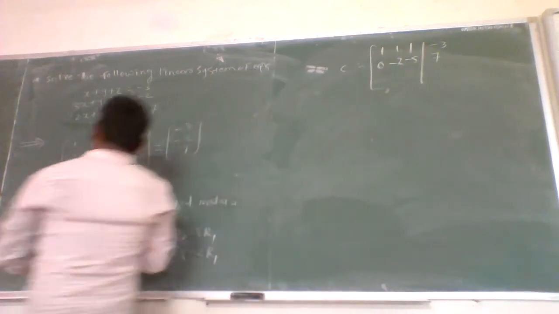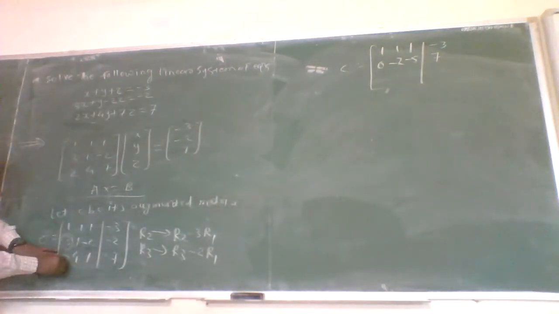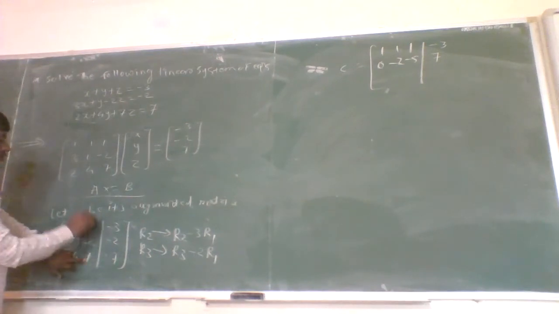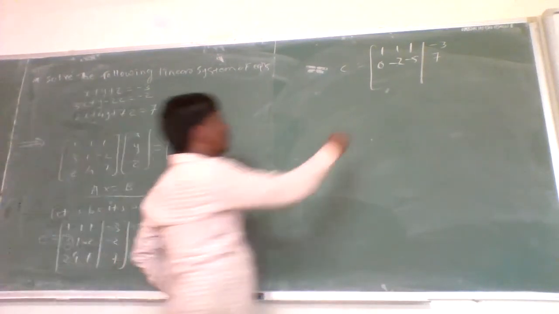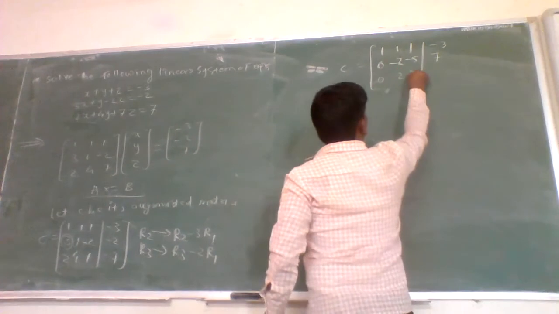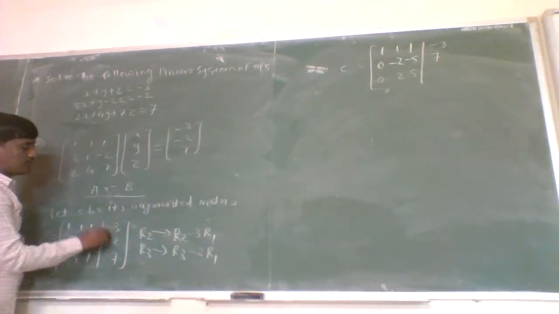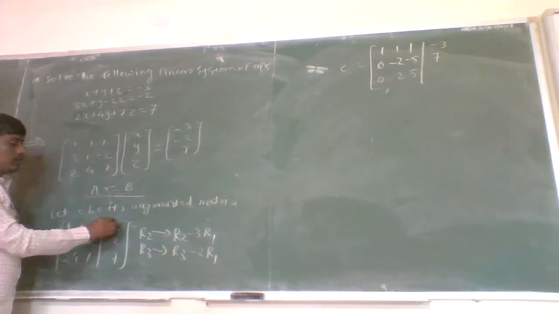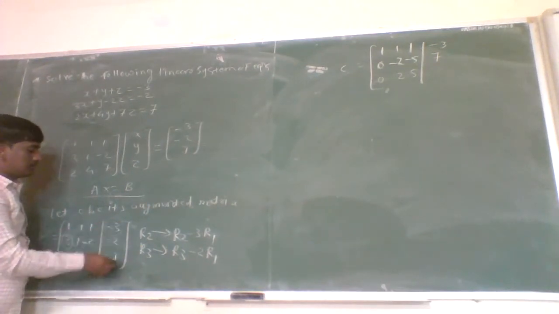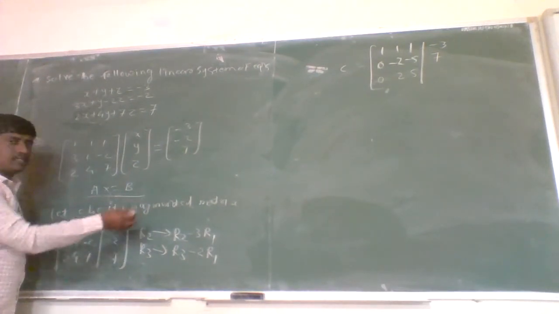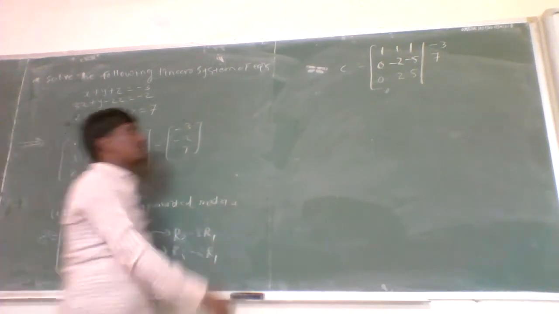Now R3 minus 2 times R1: it is 0, 4 minus 2 is 2, 7 minus 2 is 5. Therefore 0, 2, 5, and 7. Now multiplying by 2, 2 into 3 is 6, and 7 minus of minus 6 is 7 plus 6, which is 13.